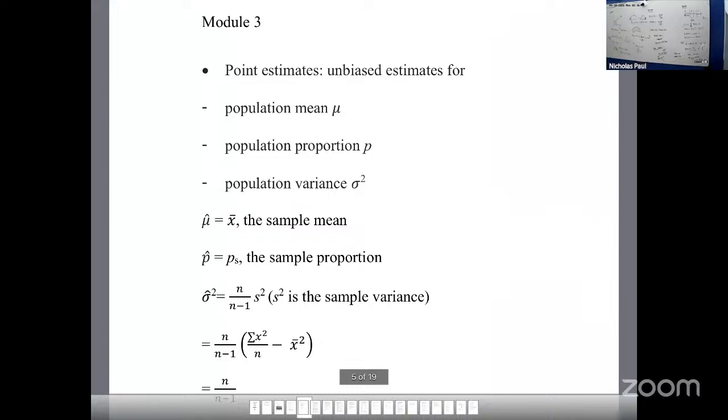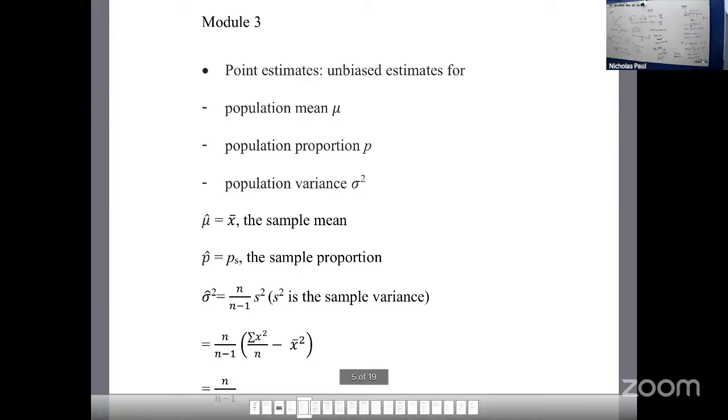Right, so remember module 3 is about interpreting data, right? So there are 3 things you can get. You can get a point estimate, where you have to estimate a point. For example, I could ask you to find a mean, and you have to find the exact value. That's a point estimate.